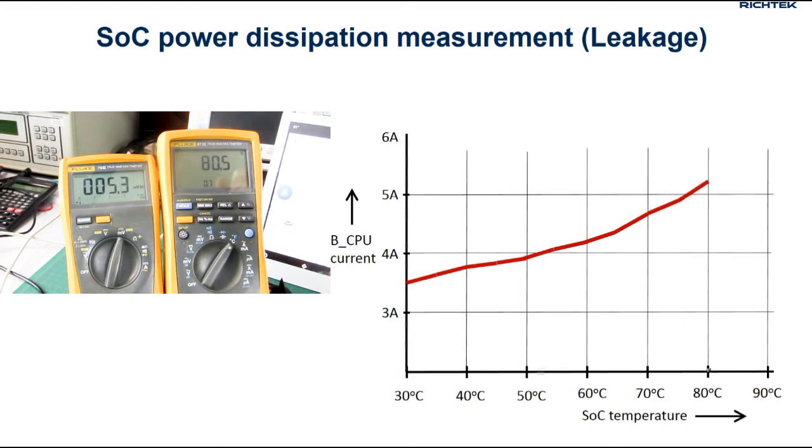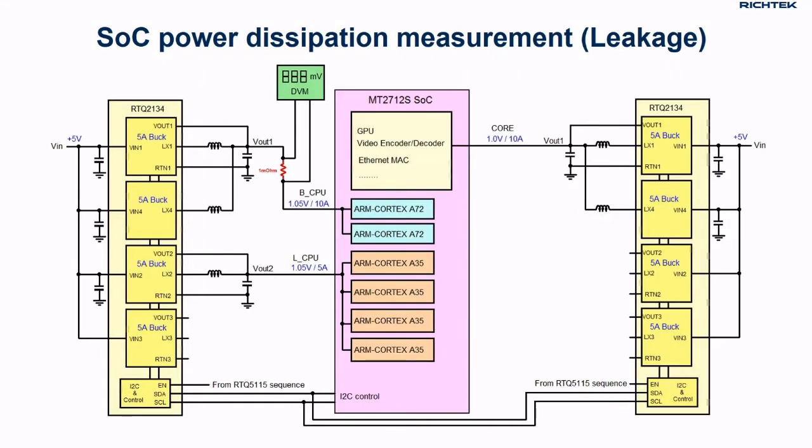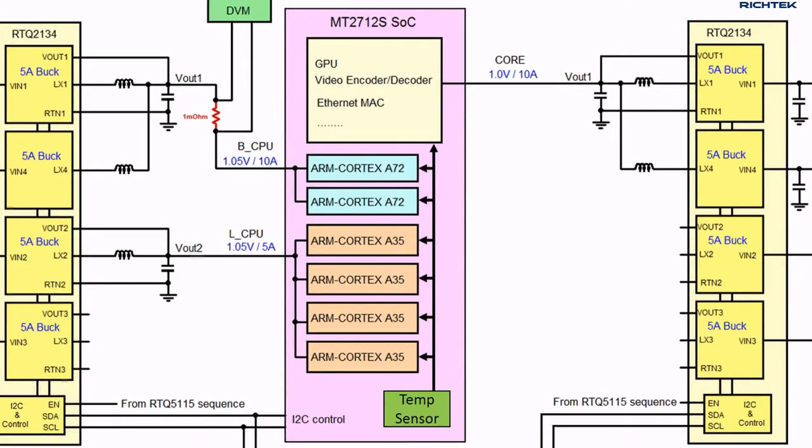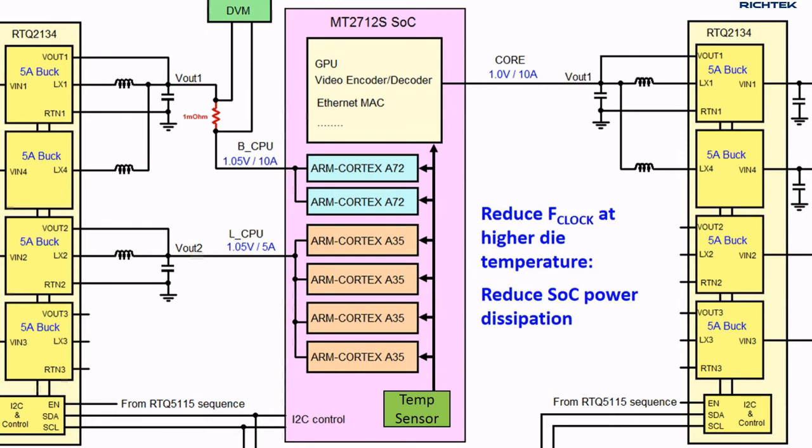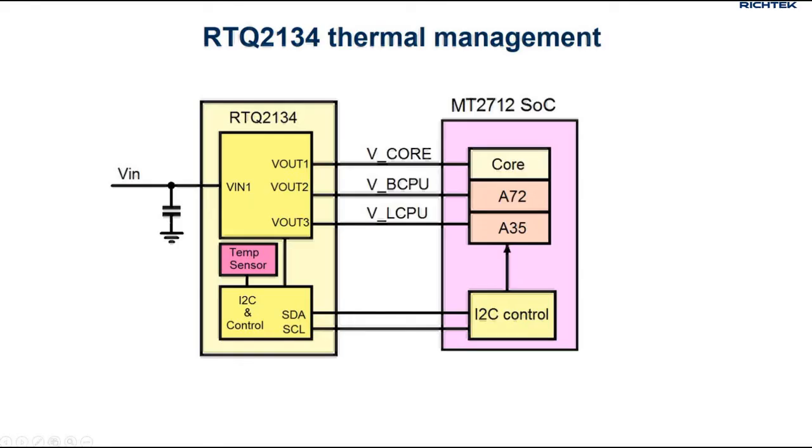But at 85 degrees C, there is a sudden drop in current. This is because the SoC has an internal die temperature sensor, and it will reduce the processor clock frequency at higher temperatures, thereby reducing SoC current consumption to avoid excessive SoC dissipation.